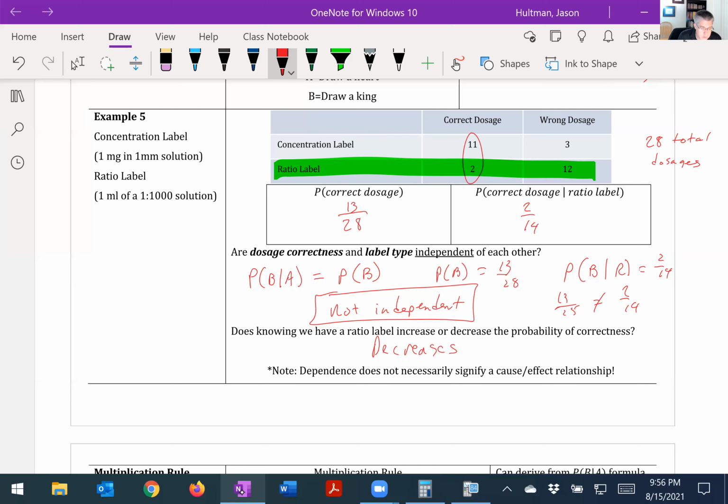Just because things are dependent doesn't mean that they cause each other. One does not necessarily cause the other. Having funny hats does not necessarily cause you to have blue eyes. Just because things might be related to each other doesn't mean one causes the other.